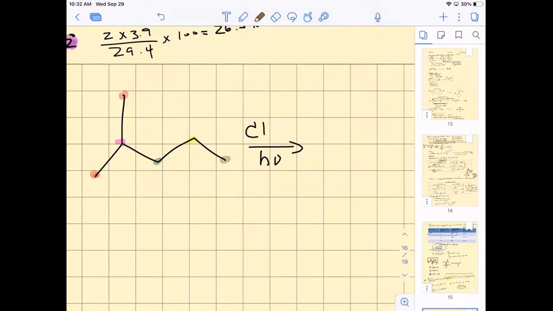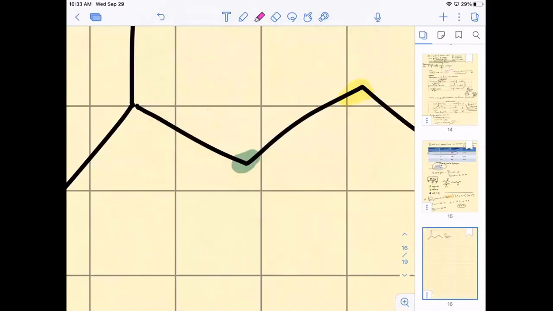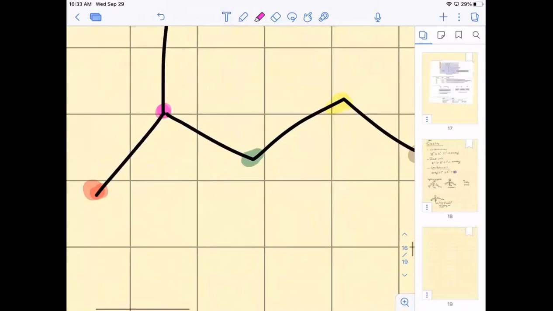So we can go through that mechanism and figure out what's primary, what's secondary, and what's tertiary. Each one of these is a different type of carbon.